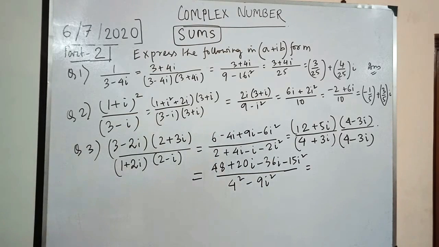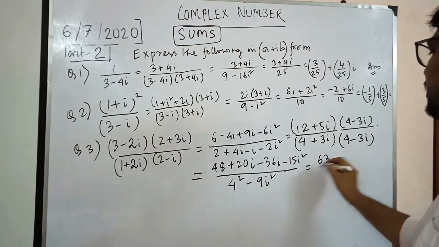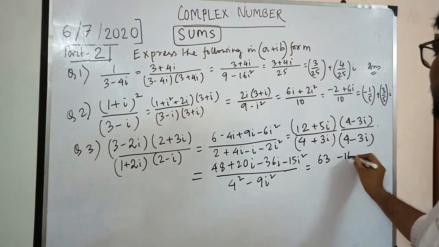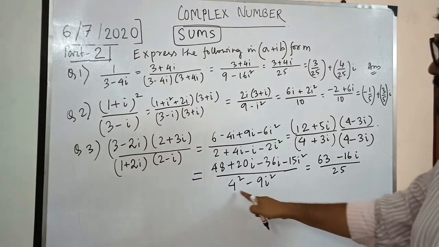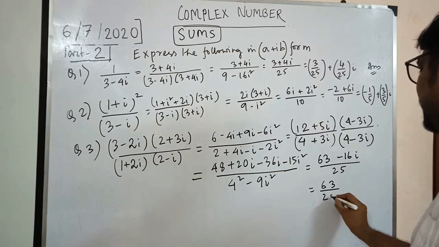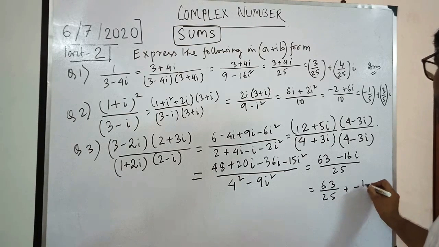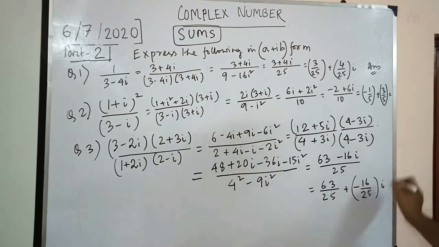So this is becoming plus 15, so I get 63 over here, then minus 16i, and below you are getting 25, because it is 16 plus 9. So we are getting 63 by 25 plus minus 16 by 25 into i. So this is the a plus ib form we got over here.